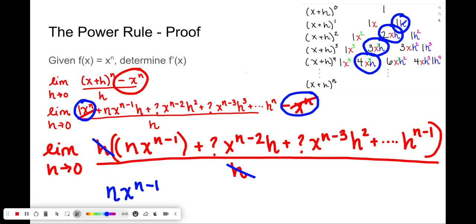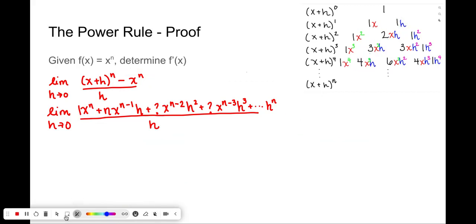The second term, the one that I circled, that becomes your derivative, because when you factor out an h, that term has no factors of h left. That one h factors out, and that term stays. Every other term has at least one h. So when you make h equal 0, every other term just becomes 0, and your final answer is n times x to the n minus 1.